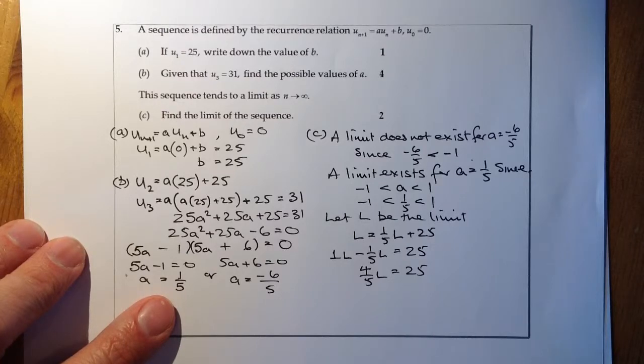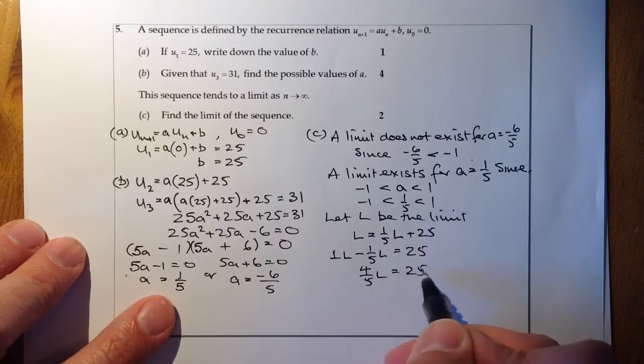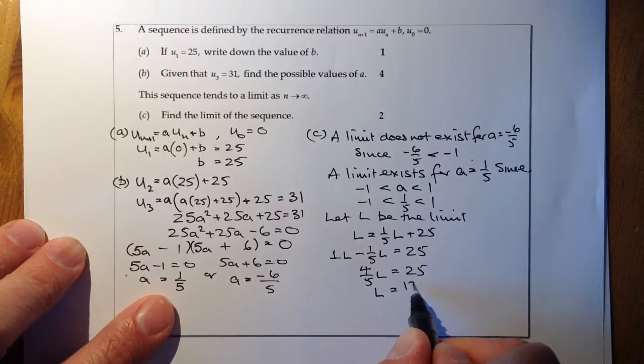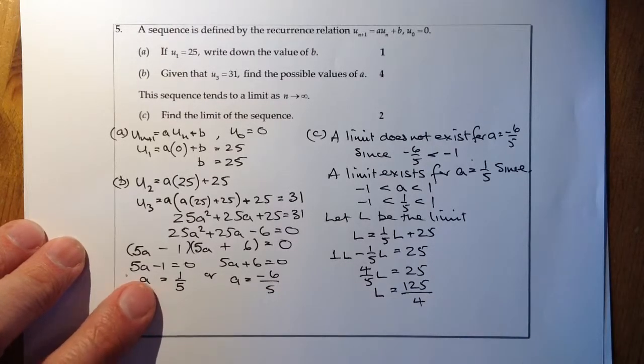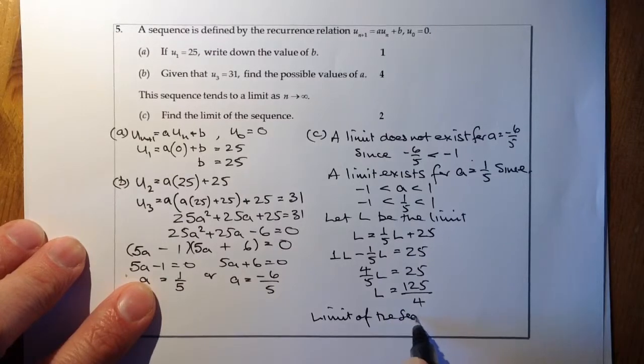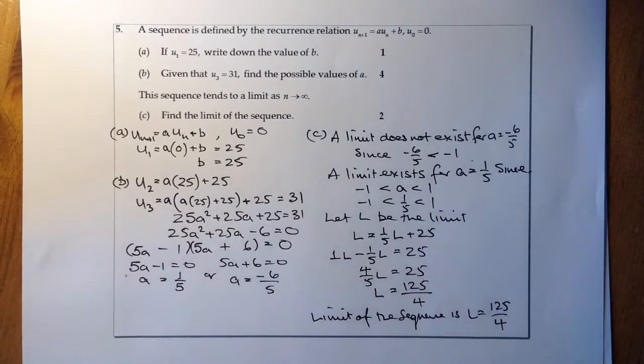And from there, what I can do is I can just multiply by 5. So 5 times that will give me 125 and divide it by 4. So L is equal to 125 all over 4. And that would be the limit complete. Okay, the limit tends towards the 125 over 4.